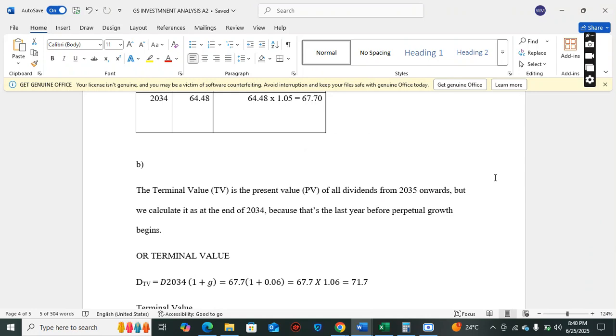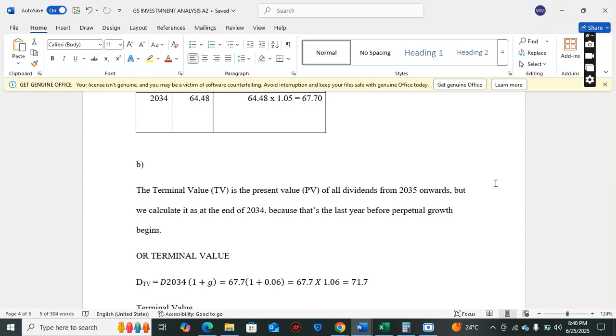So now this is where the terminal value comes in. The terminal value is just accounting for all the dividends from 2035 and onwards, from 2035 to infinity. So you have to get the terminal value.